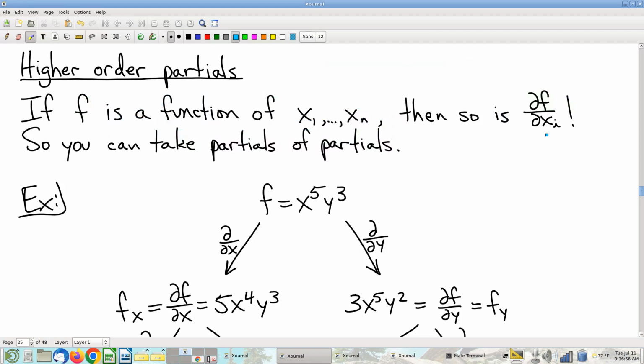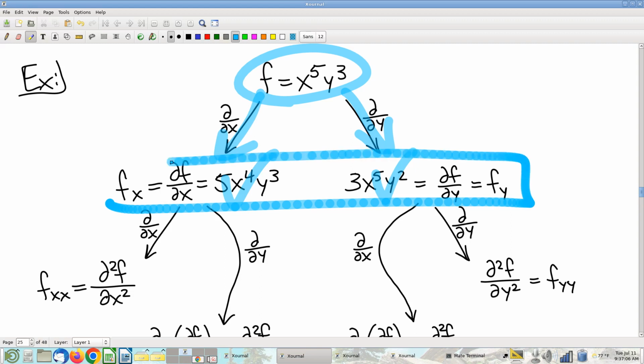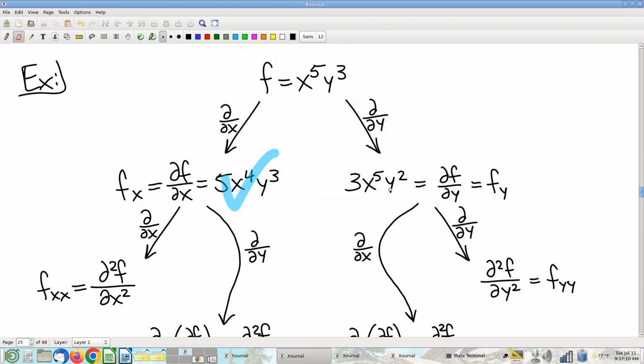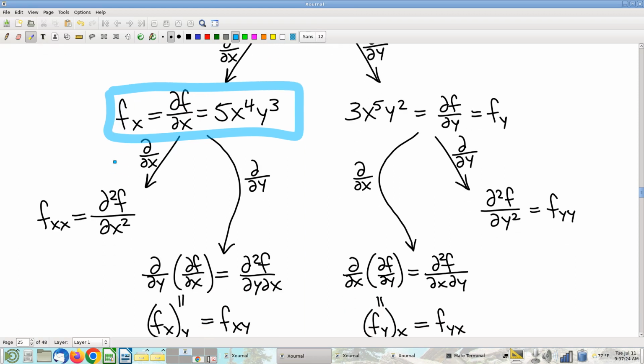So let's see that in action. Here is a function of x and y. I can talk about the x partial. I can talk about the y partial. Easy to compute. We talked about these notations. All of this is old news. But now, observe. In the same way that f, you can see right here, is a function of x and y, well, so is this partial with respect to x also a function of x and y.